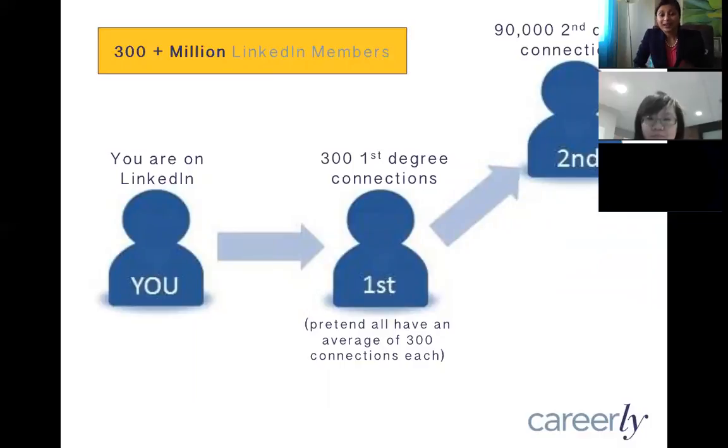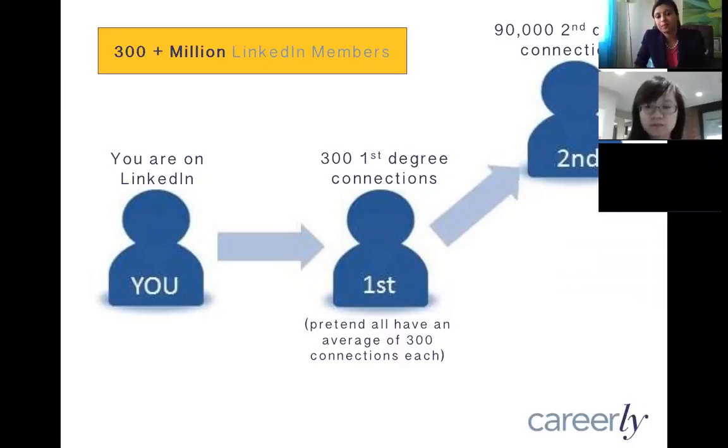The power of LinkedIn is in the second degree connection, because the people that you're connected to are all connected to a bunch of people, right? That is your network. The really, really powerful part of LinkedIn is that second degree connection.